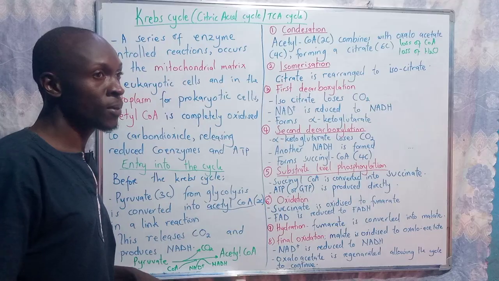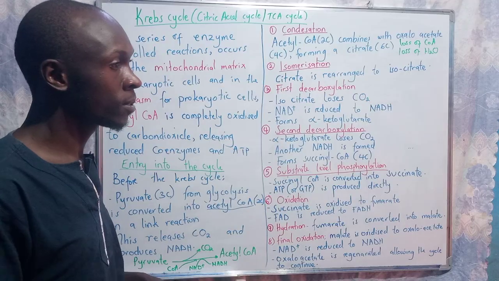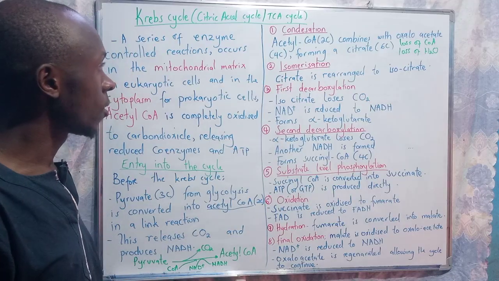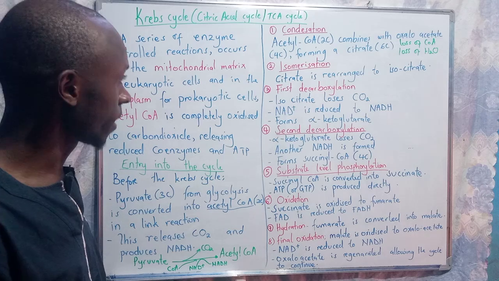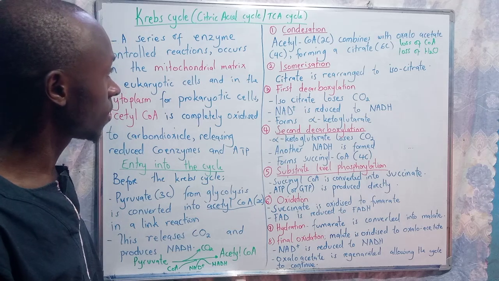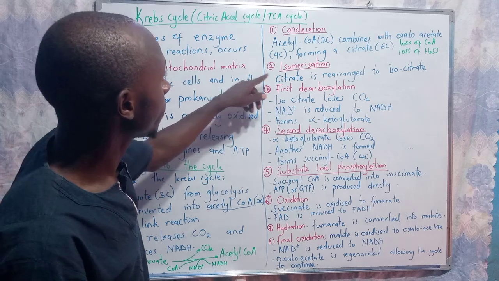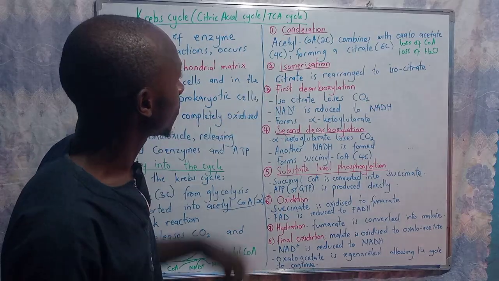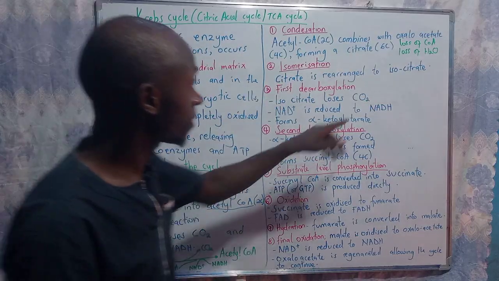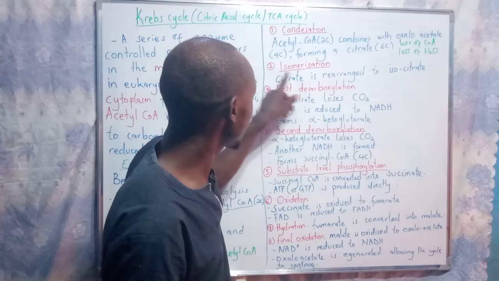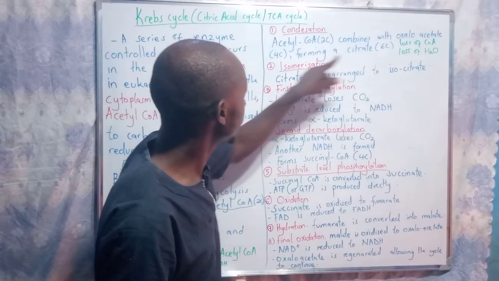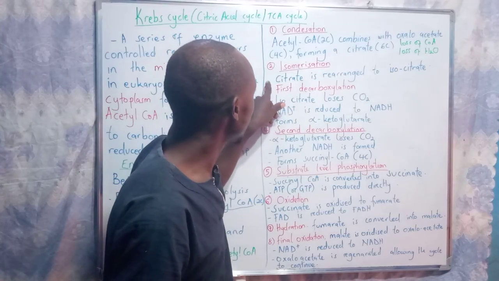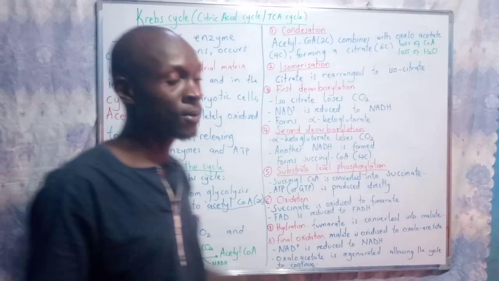The first decarboxylation means that we are removing a carbon atom at that stage. Because you know the isocitrate still has 6 carbon atoms. Remember, we are just having isomerization taking place here. The citrate was 6 carbon, so if isomerization takes place, the 6 carbons are still going to remain.